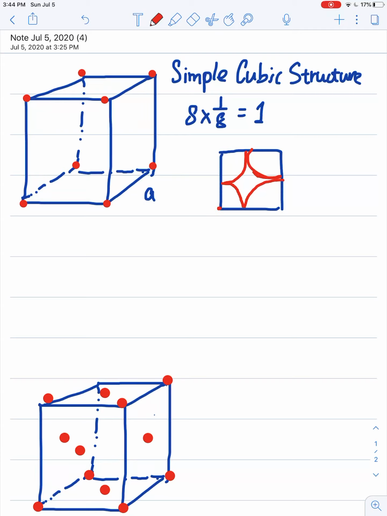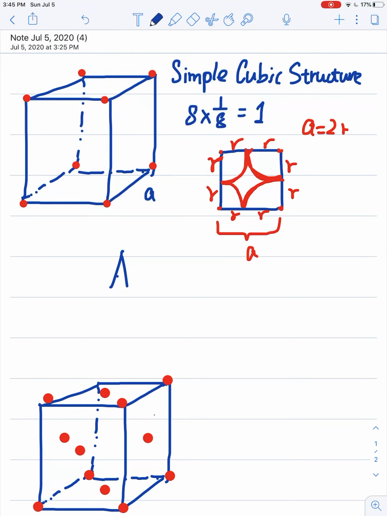So that's the atoms at 4 corners. And if the quarter spheres touch each other, we know this is R, this is R, and this length is A, therefore A equals 2R. That's the relationship between R and A. It's quite simple. And now that we know this information, we can start to calculate the APF.